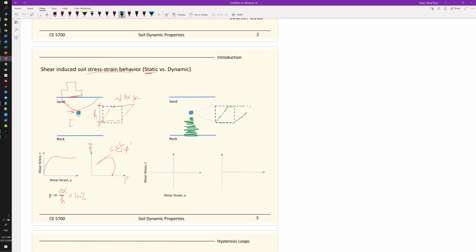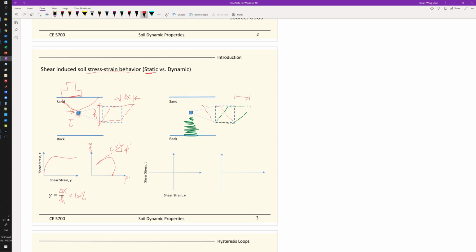So you have a sine wave going through the soil elements, and you will go back and forth. Deformations can go one way, and then another. When you reverse the loading, you can go the other way too. So it's going back and forth, and you will be creating displacements here, back and forth, right?